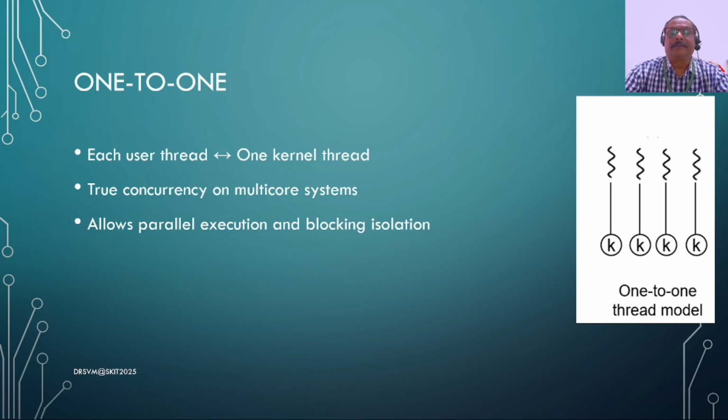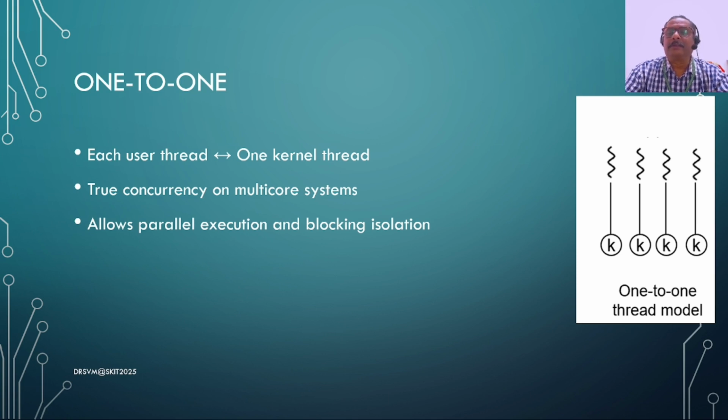And this definitely allows parallel execution, and blocking isolation is guaranteed. That means if one of the threads gets blocked, then others just continue without getting affected, because each thread is having its own kernel thread, each kernel thread is having its own core.